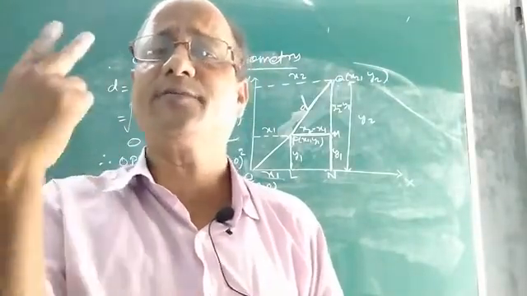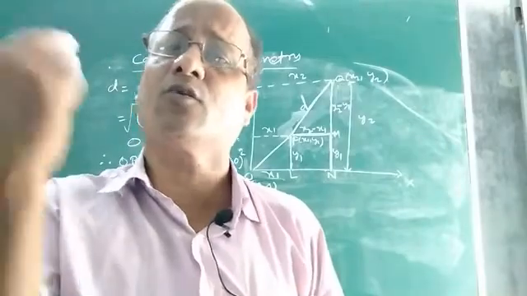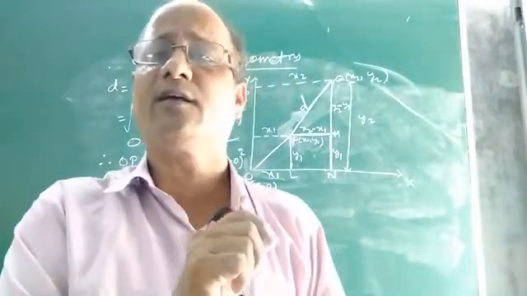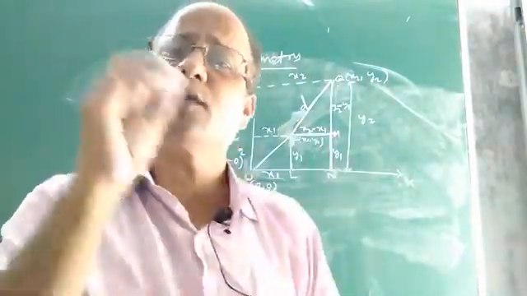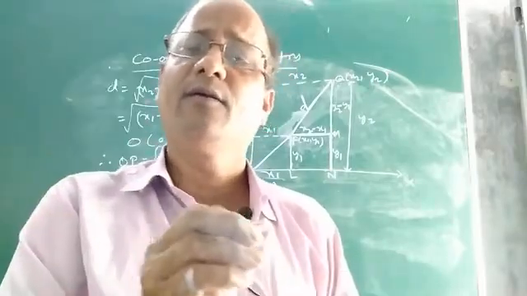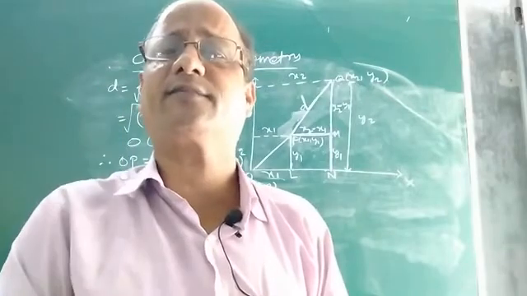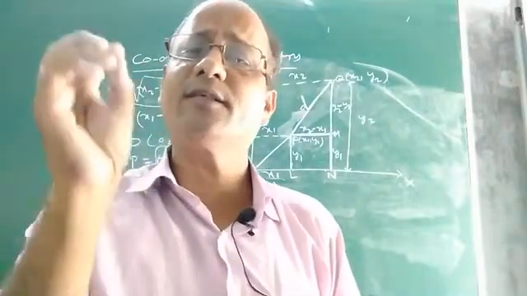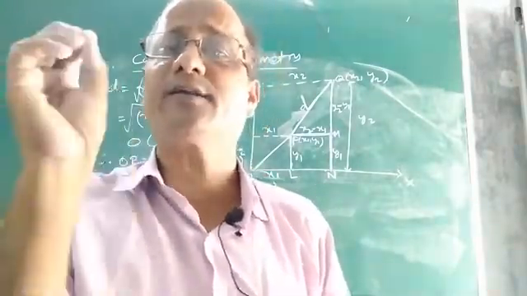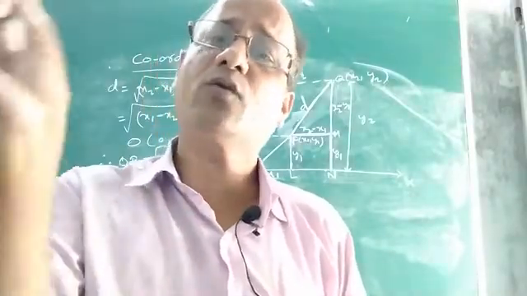It is a very important formula. You have to remember it and apply it, because we never read the distance formula in class 8 and 9. For the first time we read it in class 10, so we have to remember this formula to find the distance between 2 points if their coordinates are given.